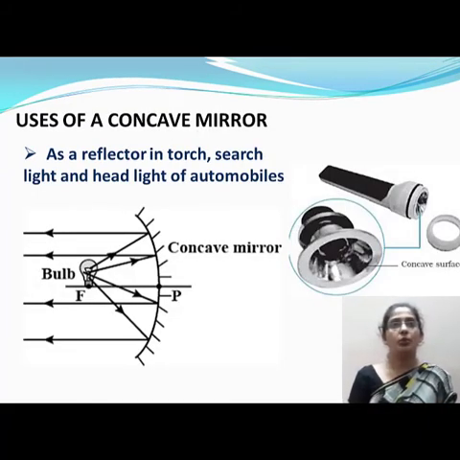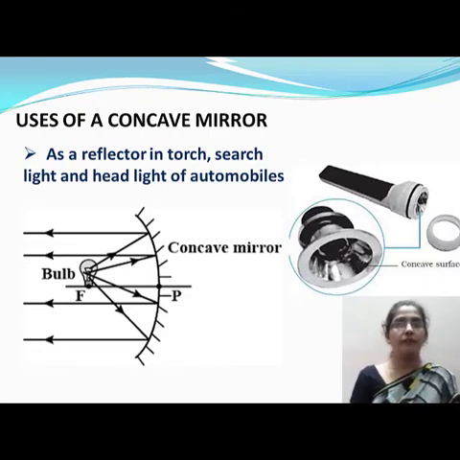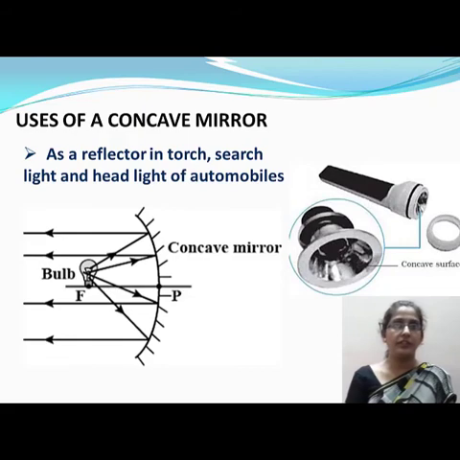Secondly, it can be used in torch, searchlight and headlights of automobiles where we need a parallel beam of light. So a concave polished metallic surface is used for this purpose. The source of light, that is a small bulb, is kept at the focus of the reflector.